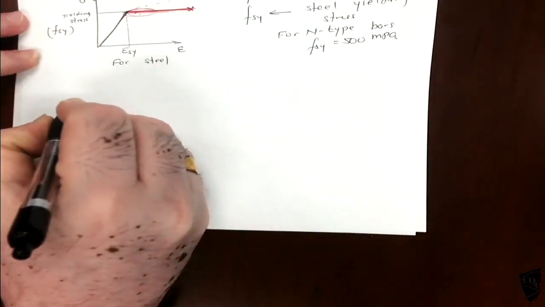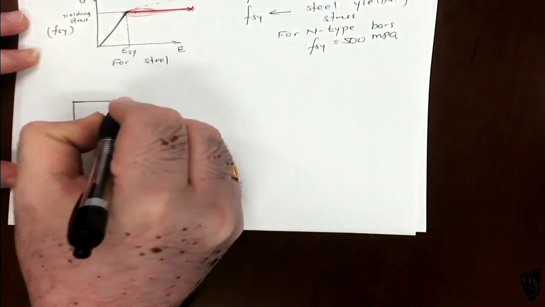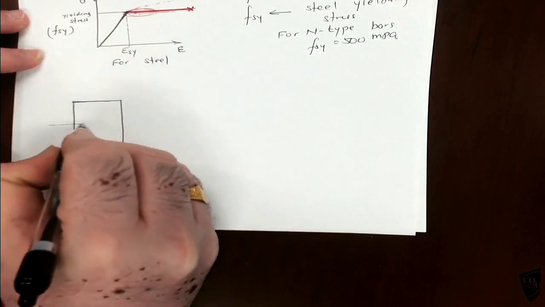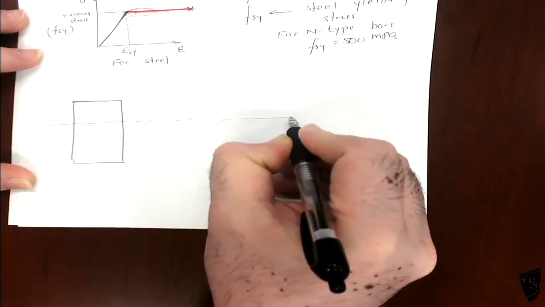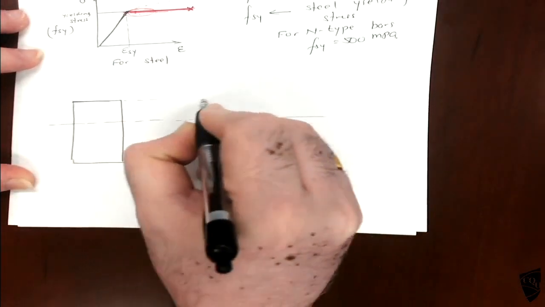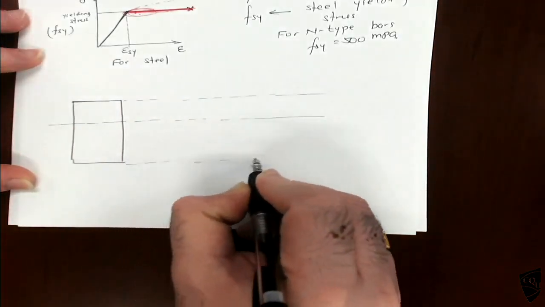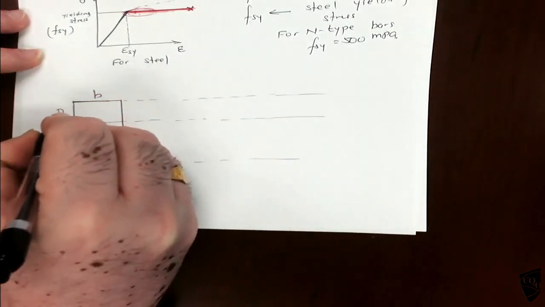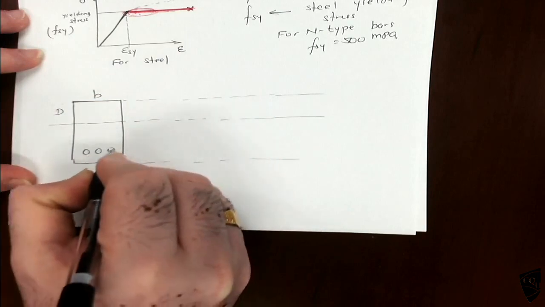So when you have a beam, the neutral axis is somewhere here, I don't know where it is. This is B, and that is capital D, and the steel is here.